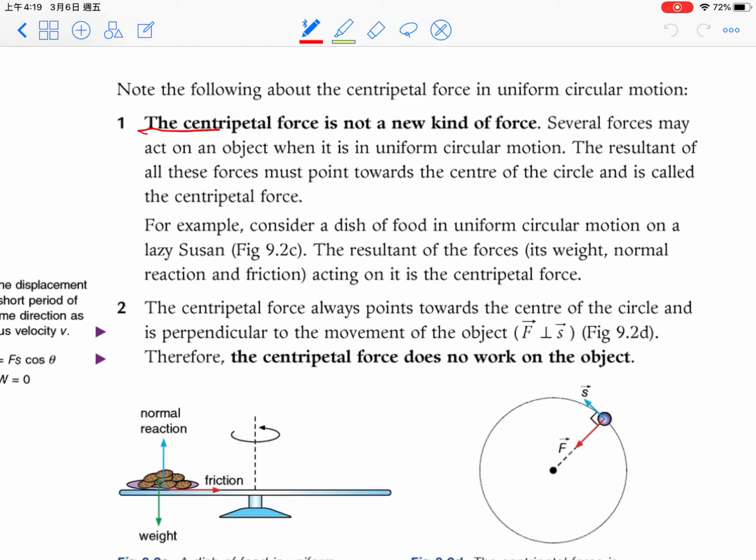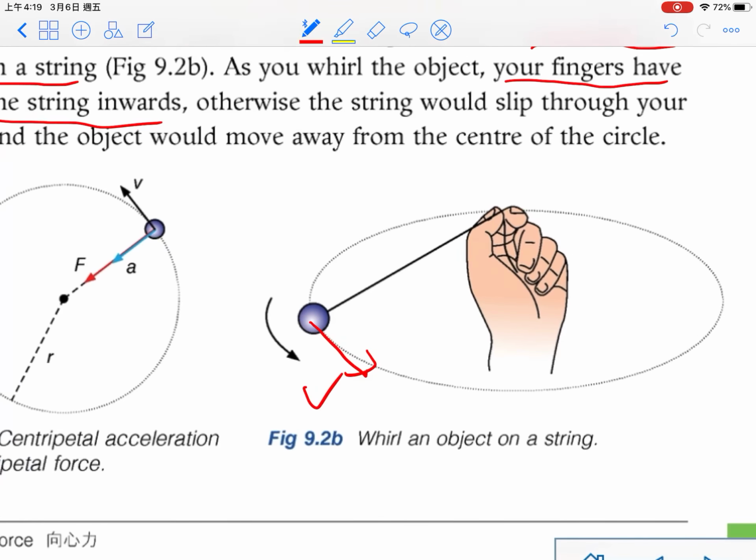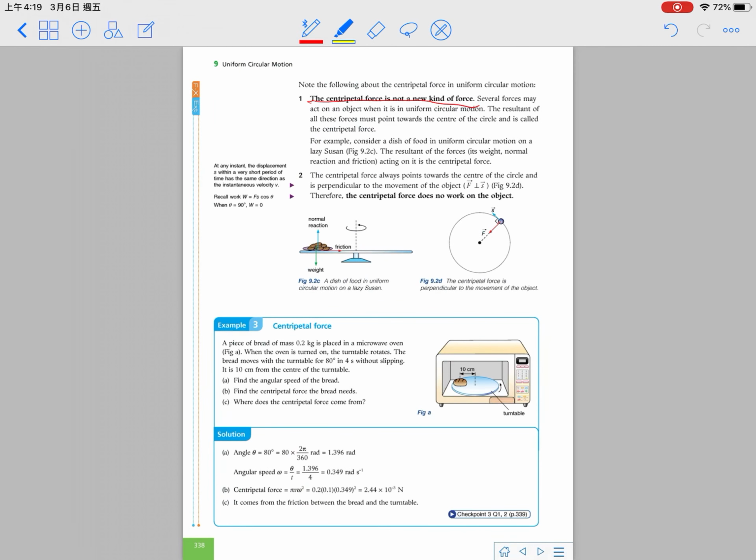Now, the centripetal force is actually not a new kind of force. It comes from something. For example, if you whirl the object in a circle like this, the centripetal force comes from tension.